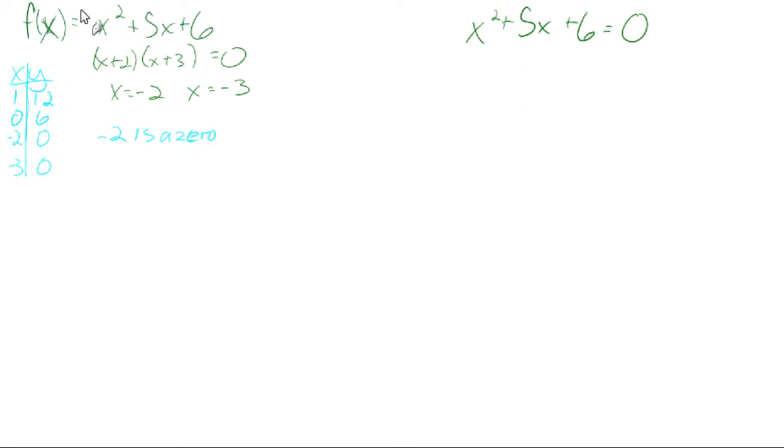Because this function could be equal to anything. We could put anything we want in for x, and whatever we get for y, we just write that down, and that's a solution. But negative 2 and negative 3 are particularly special solutions, ones that give us a 0 when we put them into the function. Over here, this guy is destined to be equal to 0, and it couldn't be equal to anything else. So just the solutions, there are only a certain number of solutions.